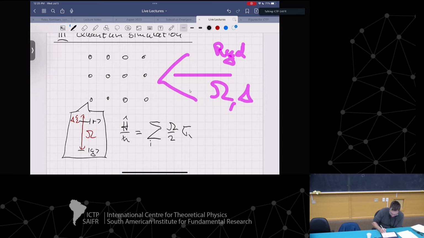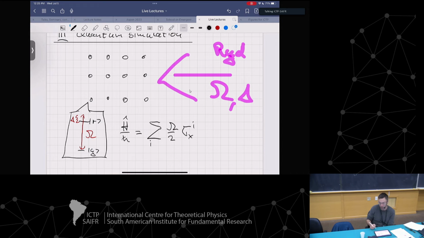I can write this as a Pauli matrix, sigma x, so sigma x is just 0, 1, 1, 0. This is exactly Rabi oscillations between the ground and the Rydberg state. However, in this rotating frame, the Rydberg state is detuned.